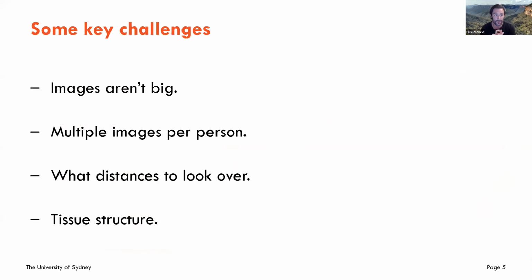When we started doing this, we realized that there are some key challenges. For starters, for technologies like IMC and some of the other multiplex technologies, the images really aren't that big. For IMC, you're talking about 1 millimeter squared, maybe 2,000 cells.